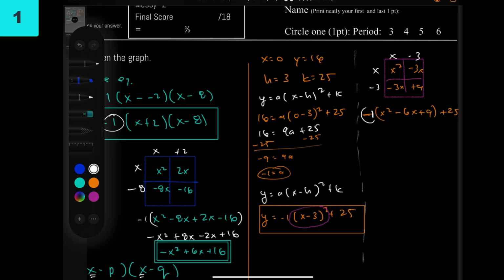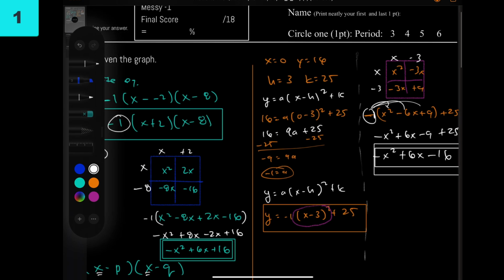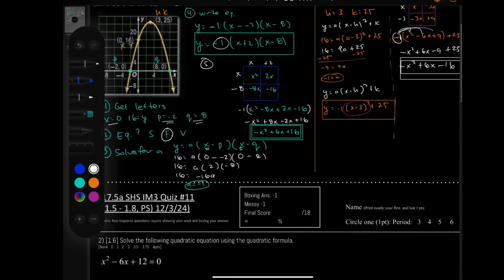So let's distribute the negative 1. And then add the 25 and you'll get the same answer. So it doesn't matter which form you chose to use. Okay.